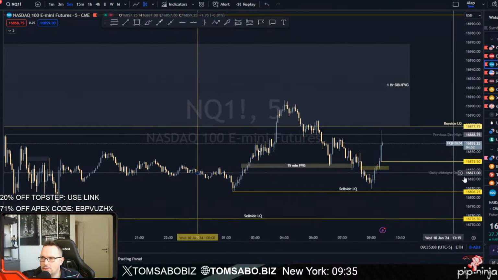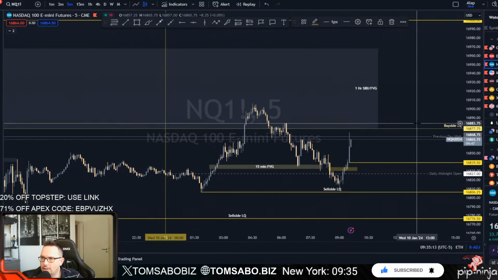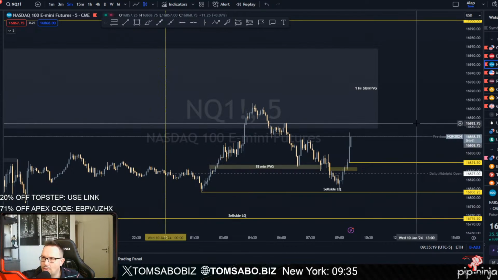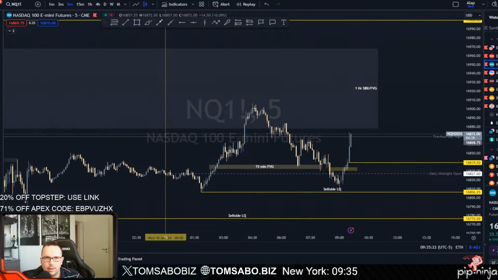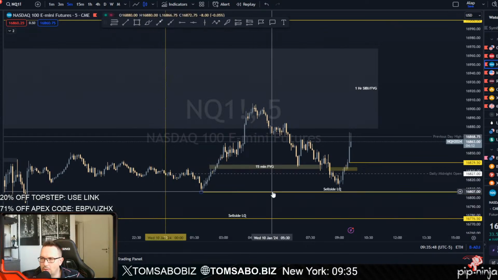I'm watching my other screens. What is this buy side? I have to delete this line. It's not valid anymore. So the next buy side is at around 83. I think it wants it. Not sure though. I have no entry. So if we get a structure shift, we can still target the low of the morning.